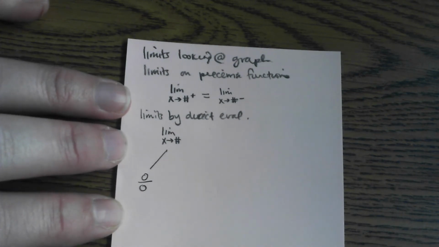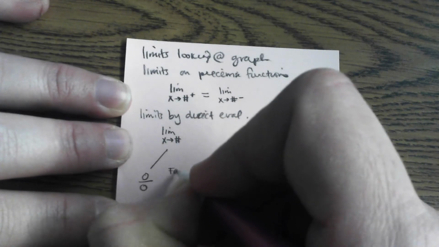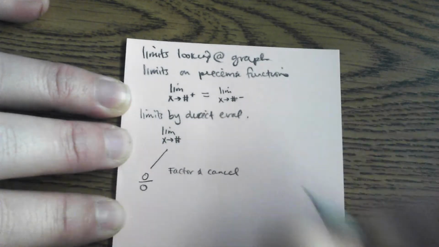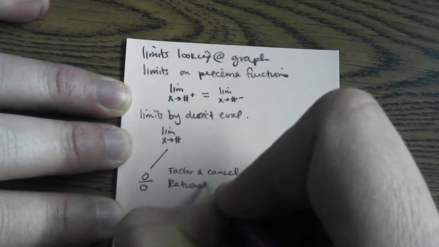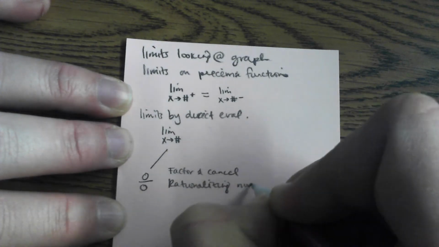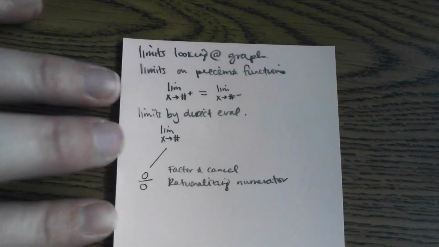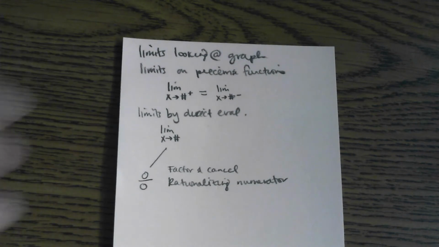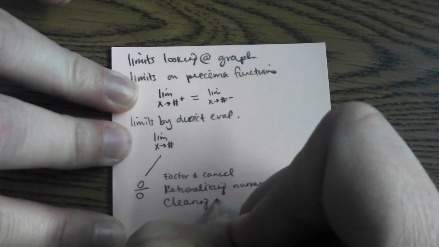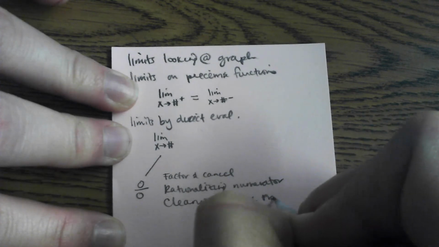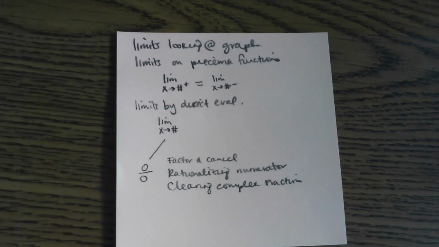And manipulating can include anything like factoring and cancel, rationalizing a numerator, clearing complex fractions. When direct evaluation gives you that indeterminate case of 0 over 0, there's the ways that we manipulated to work those kinks out, and then once we got things to cancel, we would replug in the number, and then if we got an answer, we got an answer.